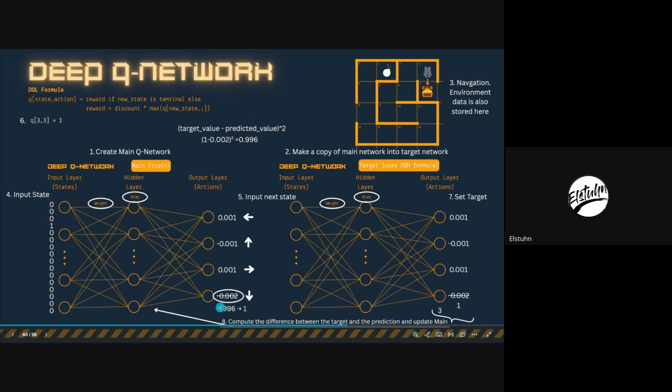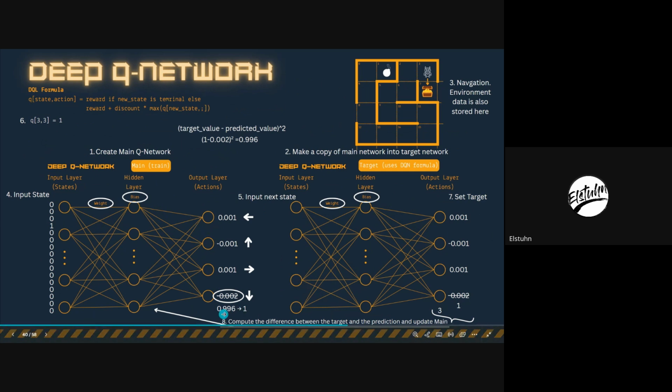This is supposed to be 0.002. Let's assume it's 0.002. I made a mistake. So we will use this value. You take the mean squared error of the two values to get 0.996. Basically, target value minus predicted value, squared.